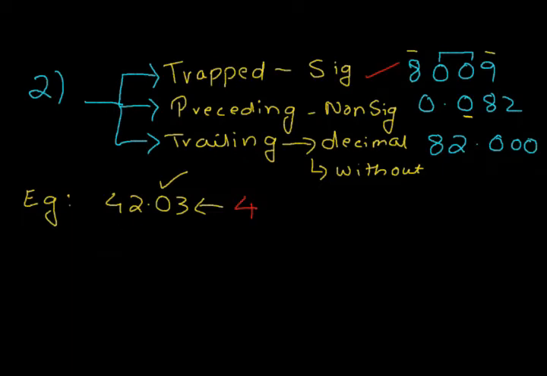Let us take another example. 52.0012. Now again you see here that these two zeros are trapped, stuck between 2 and 1.